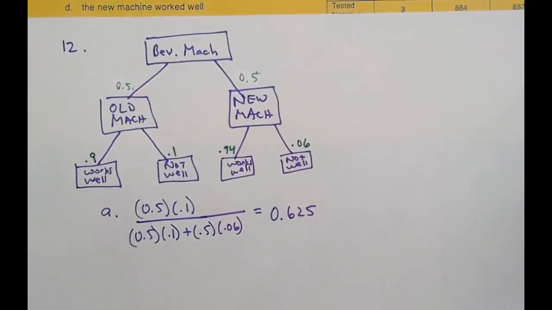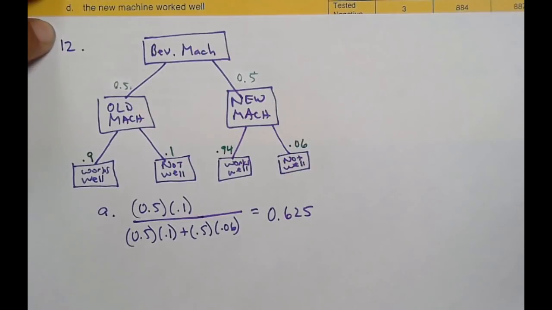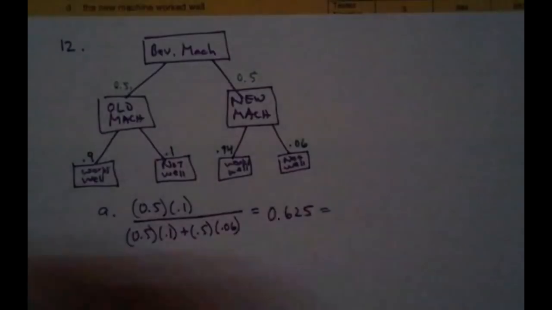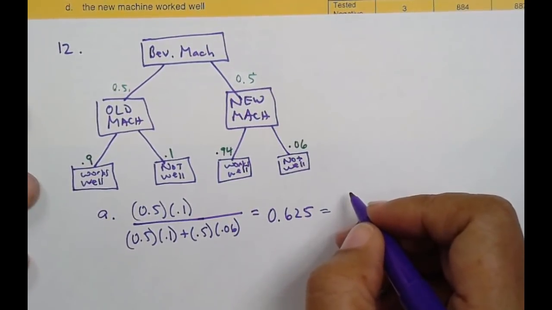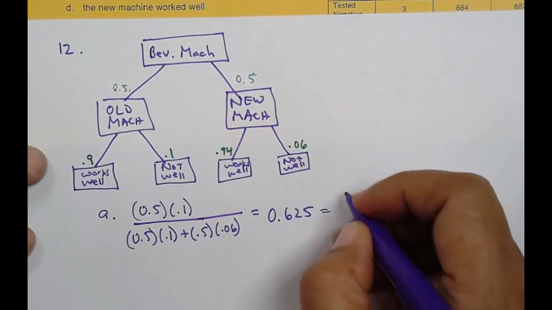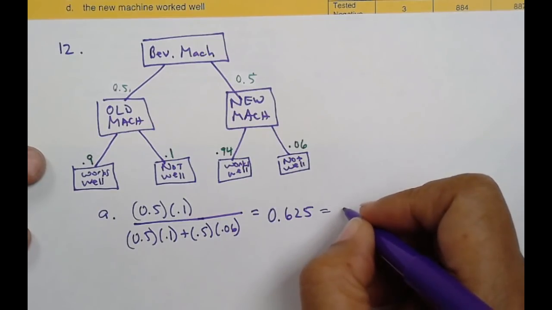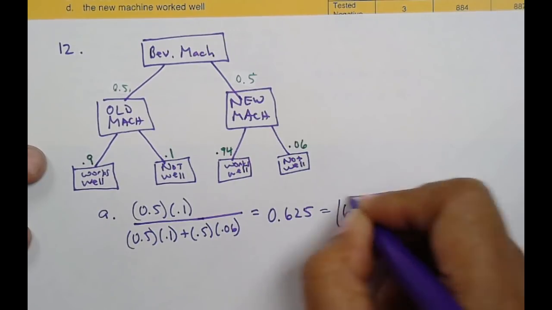Since they want this probability to the nearest tenth, you could either say 62.5% or 0.6. I believe I had 62.5% to the nearest tenth.